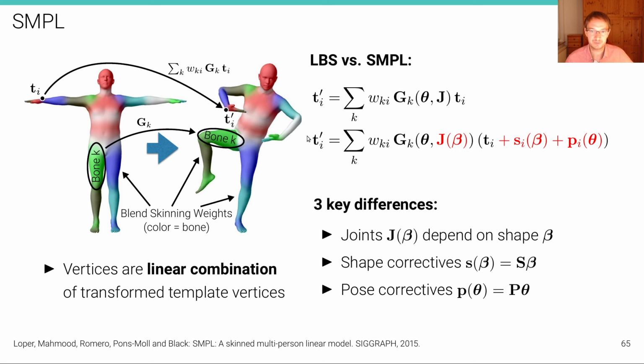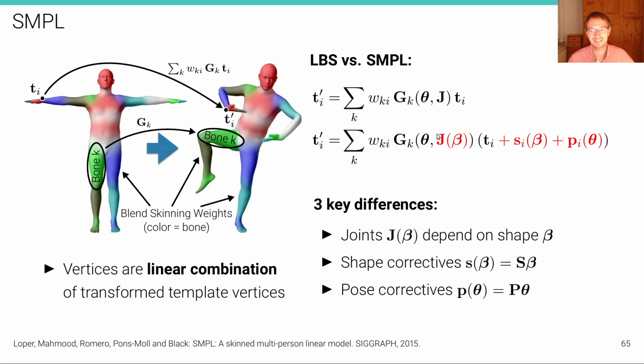And on the bottom, you can see the formula for SMPL. And in red are highlighted the 3 key differences. The first key difference is that because SMPL is a model for multiple bodies, while LBS was typically applied to a single character, SMPL now has to handle many characters.